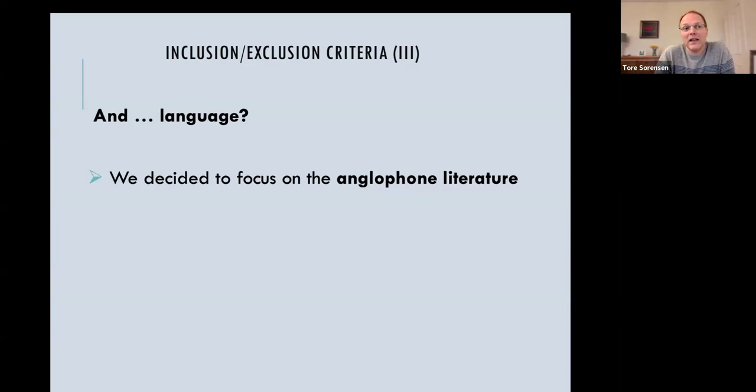But we decided in the end to focus on the anglophone literature, because we would find it hard to justify why we should include just a few other languages. So a lot of consideration went into that. And that's also something for you to consider as students, that there might very well be important contributions in other languages that you know, and that is worth considering.